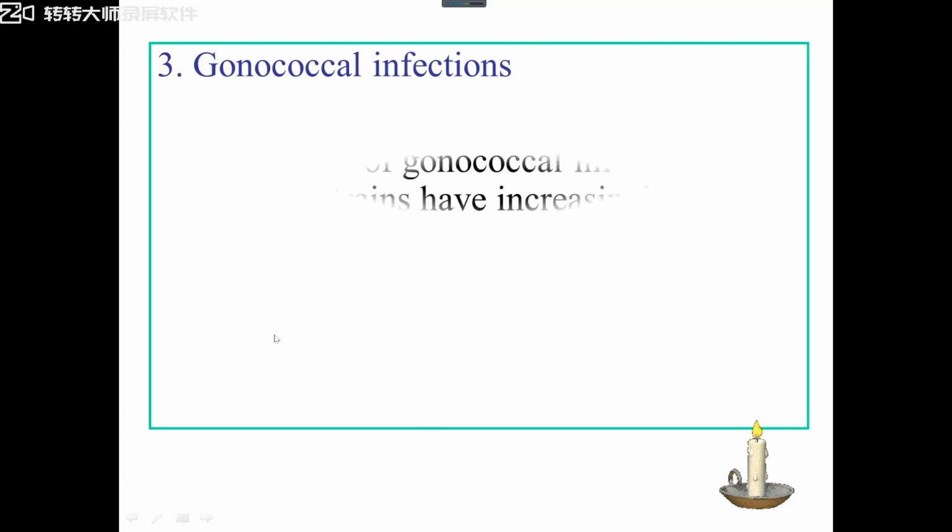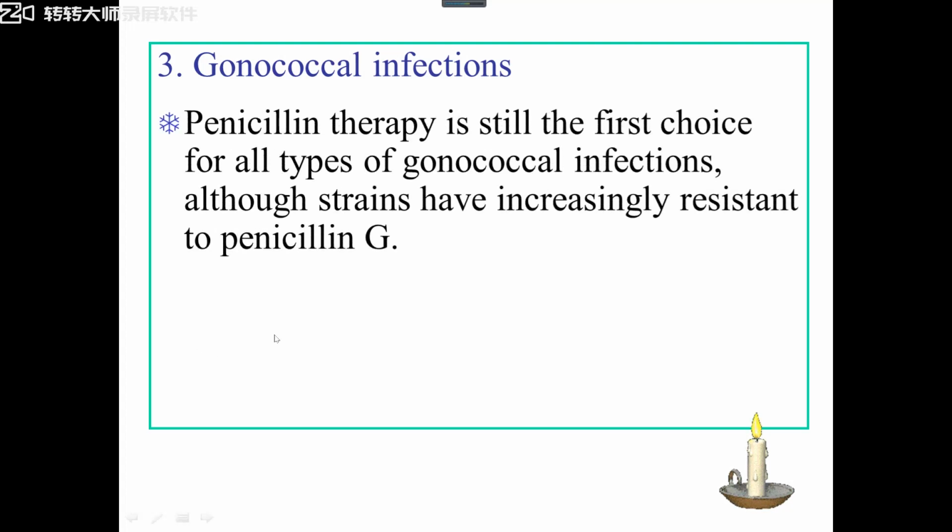The third clinical use is gonococcal infections. Do you know gonococcal infection? Most of them are sexually transmitted diseases, so they are secret infections.